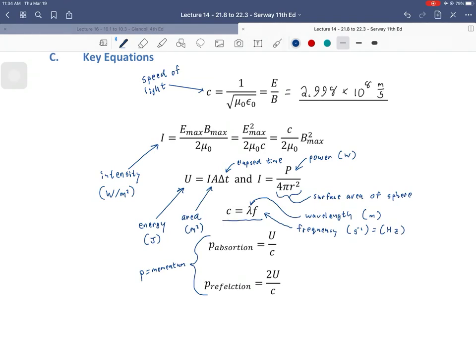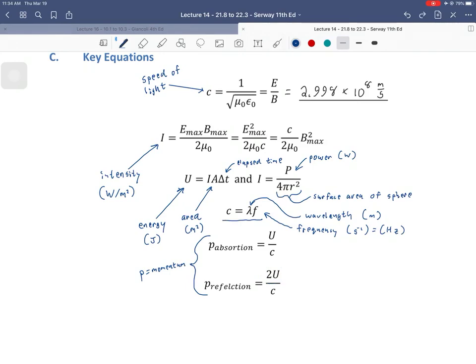If light is hitting an object and that object is absorbing the light, that's absorption, then the momentum imparted on the object from the light is the energy of the light divided by the speed of light. If the object is reflecting the light, like something shiny, as opposed to something dark, which would be absorbing it, then that shiny object would have a momentum imparted on it from light equal to 2 times the energy of the light divided by c.